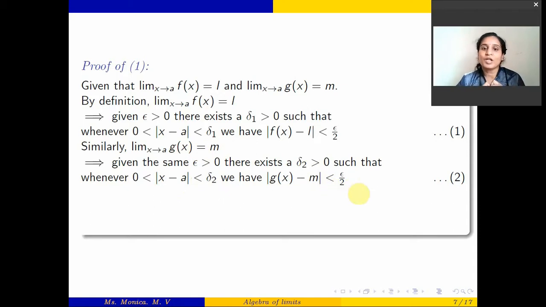Again, we have taken epsilon by 2 here, but why this epsilon by 2? We'll come back at the end. I'll call this equation 2.